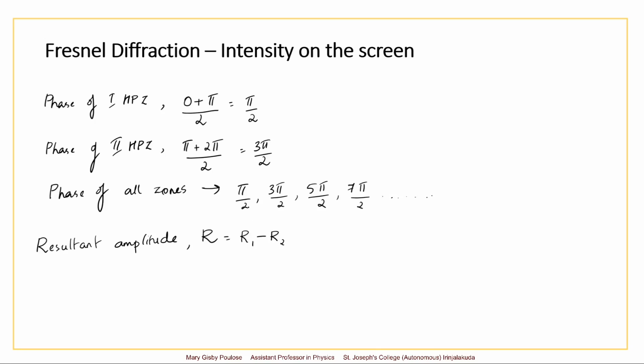There is a phase reversal here, right? Then plus R3, then again a phase reversal, minus R4, etc., plus or minus Rn.